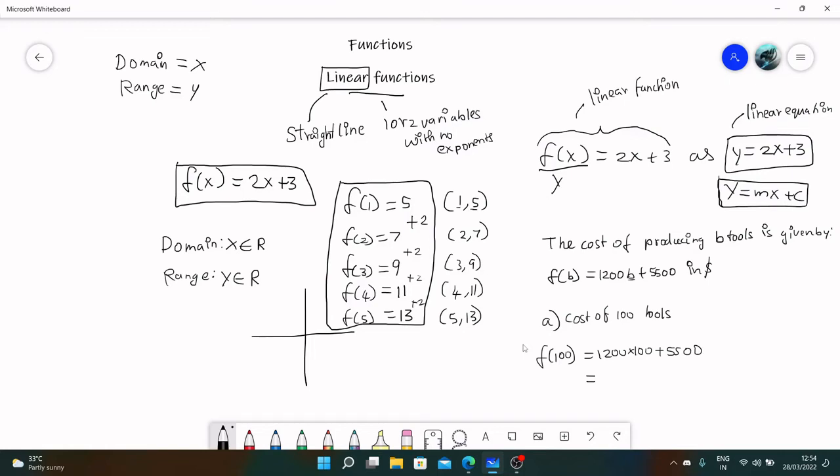If you find out the answer for this, 1200 into 100 is going to give you 120,000. 120,000 plus 5,500, that's 125,500.